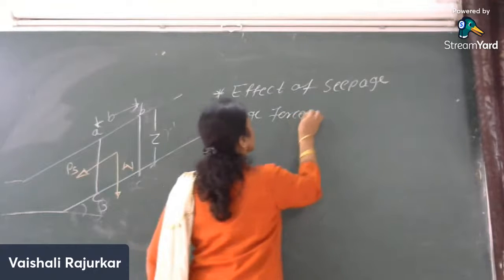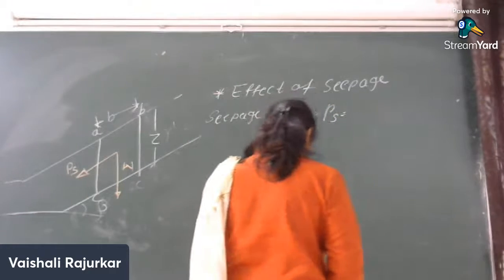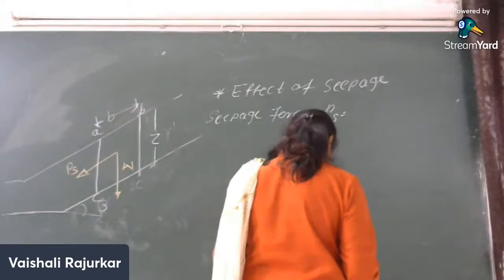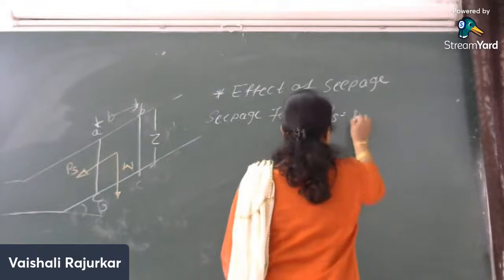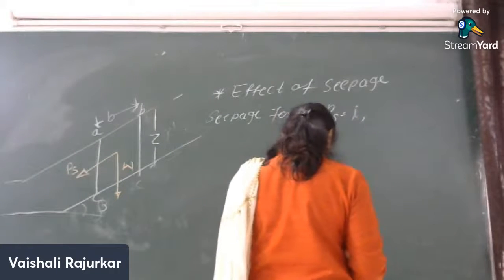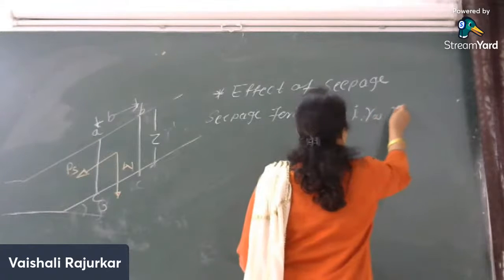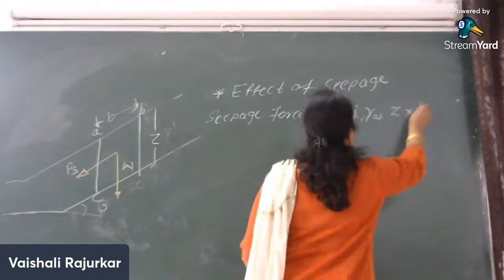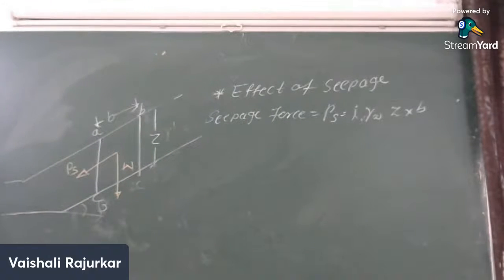Seepage force PS is equal to gamma submerged, which is equal to I, that is the hydraulic gradient, multiplied by gamma W, multiplied by Z, multiplied by B. Here I is the slope, which is denoted by sin theta.